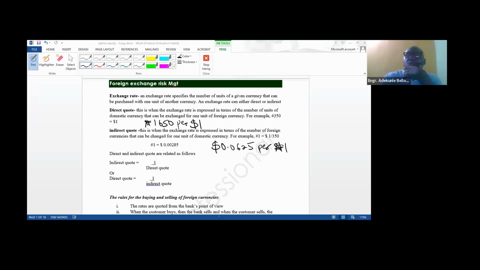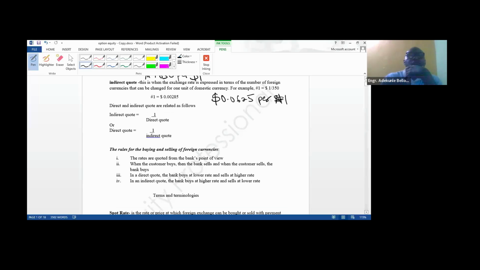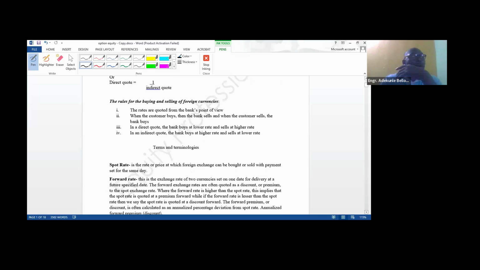Our next explanation: the rules for the buying and selling of foreign currencies. Rules that guide buying and selling of foreign currency.